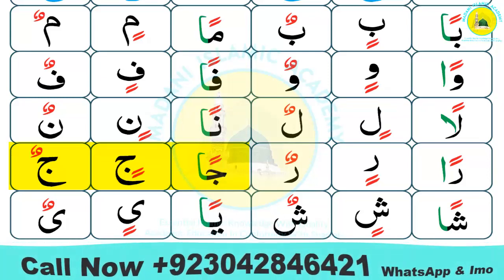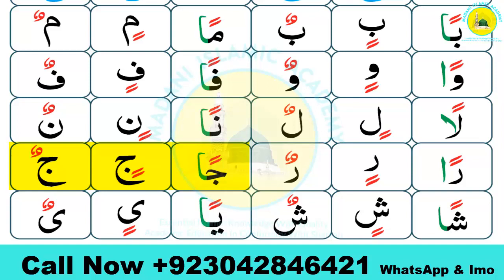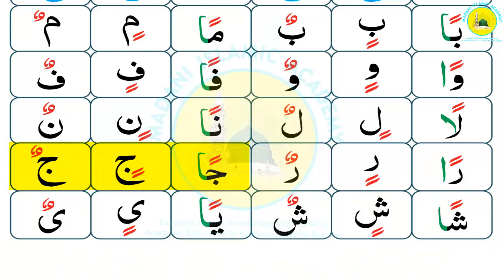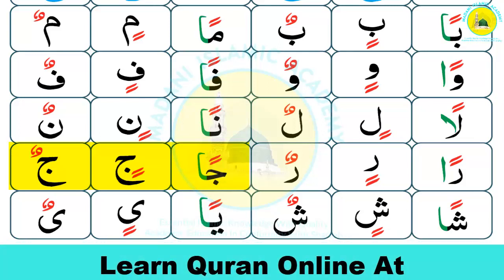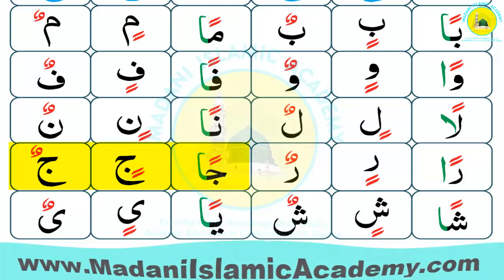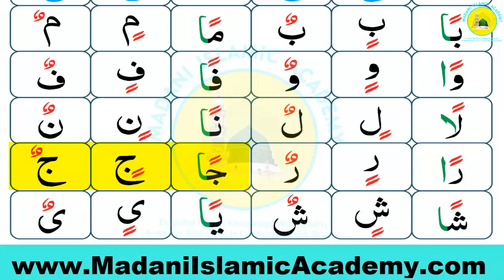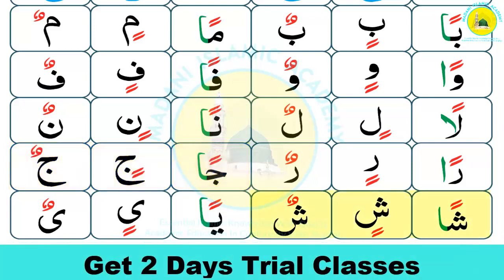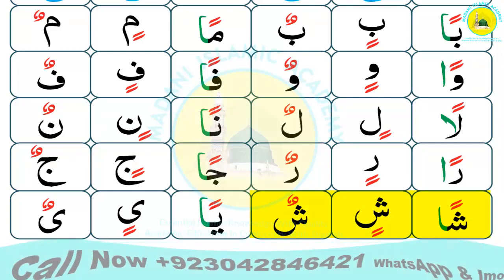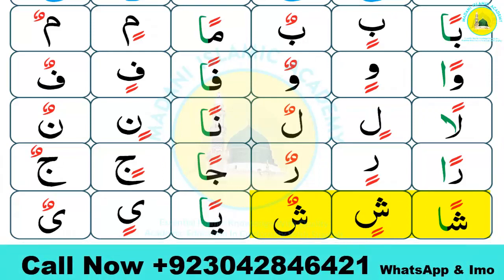Jim do zabar jan. Jim do zir jin. Jim do pesh jun. Jan, jin, jun. Sheen do zabar shan. Sheen do zir shin.